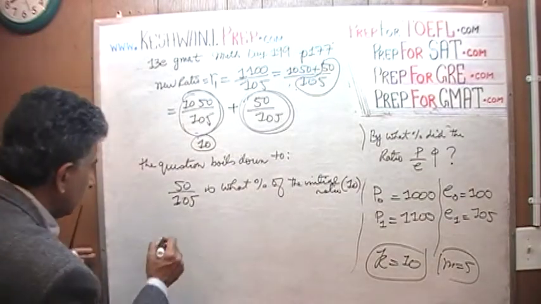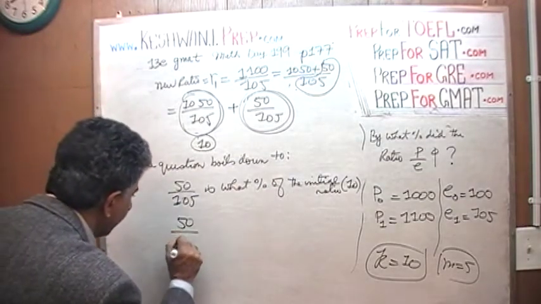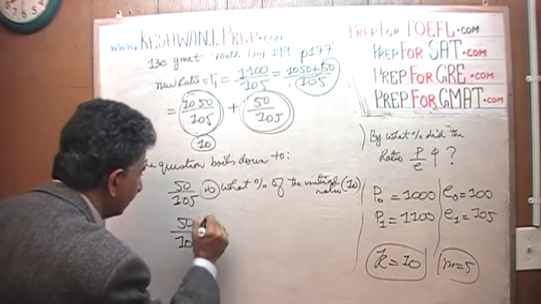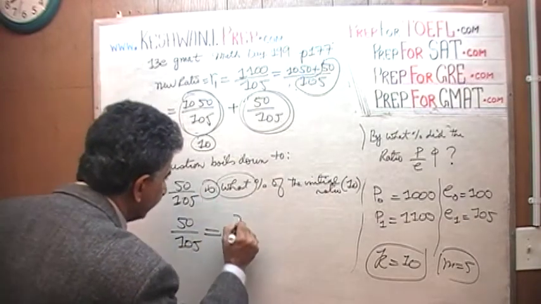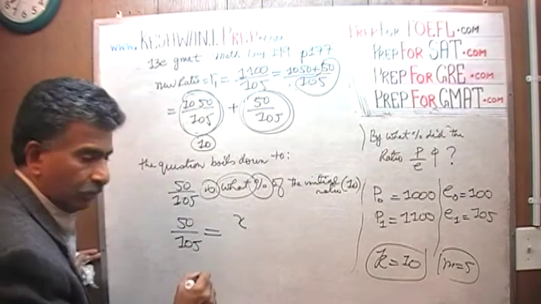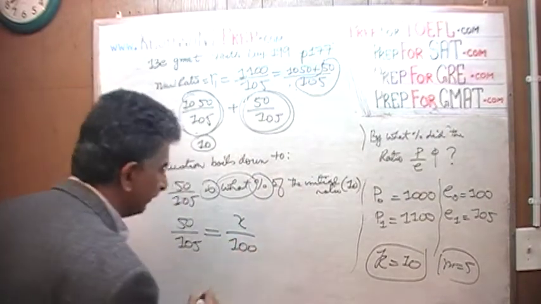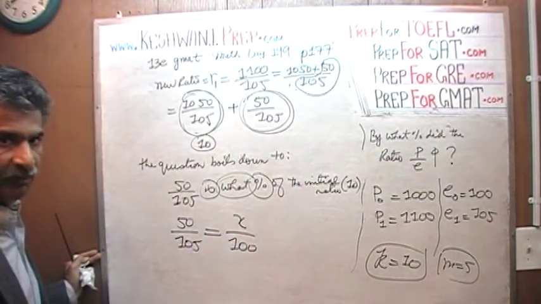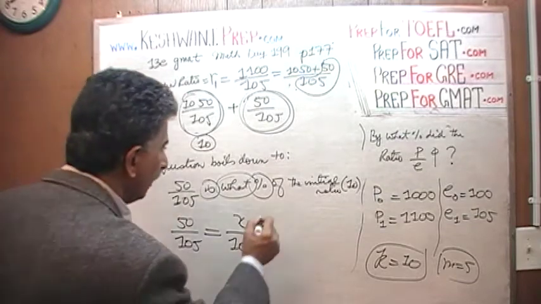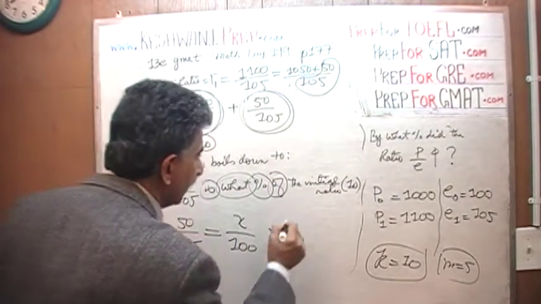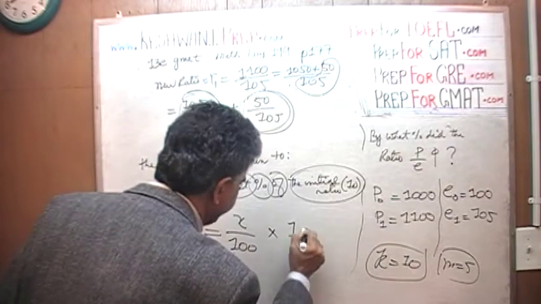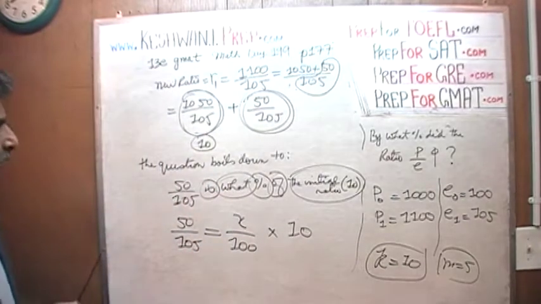So let's convert it. 50 over 105 equals the unknown x percent, and percent means over 100. The word percent literally means per 100. Of means times the initial amount, which is 10. We just have to solve for x. Let's do it on the top here.